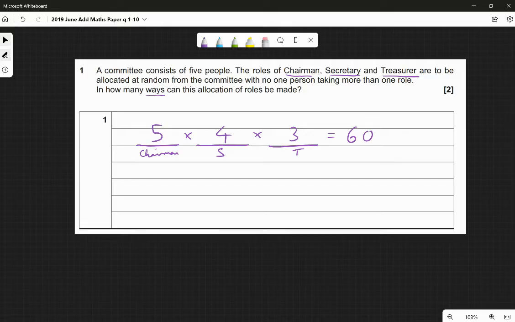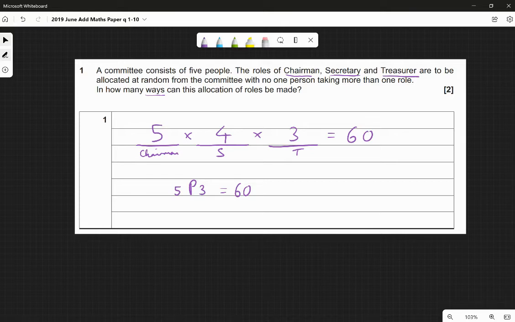The other way of doing this would have been, this is permutation. So if I use my calculator, I could have simply typed in 5P3. That means how many permutations are there of 3 people chosen from a total of 5. And that also would give me 60 on my calculator.